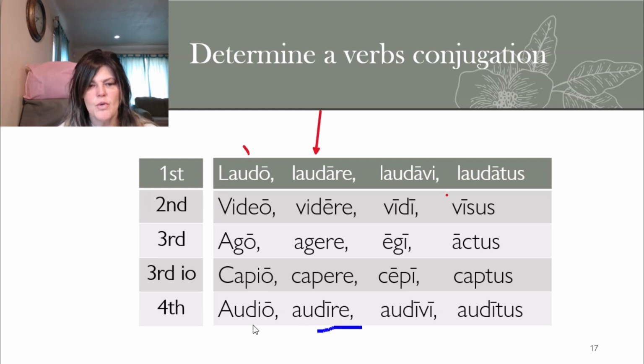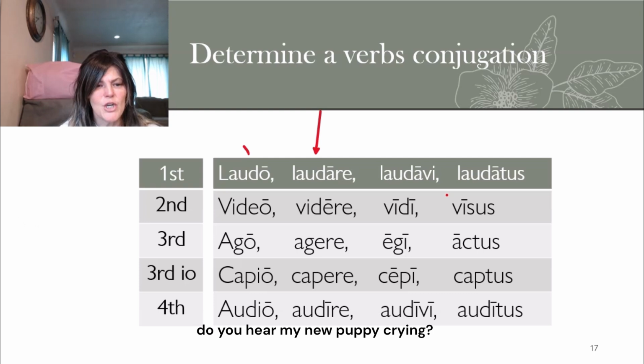It too has the I there before the long O ending. And that is where the third IO and the fourth are more related in a lot of senses in their conjugations than third is to third IO. Okay? So that's how we determine it.